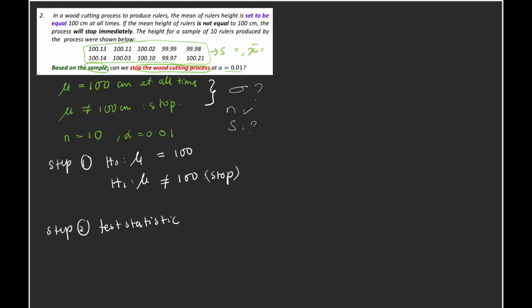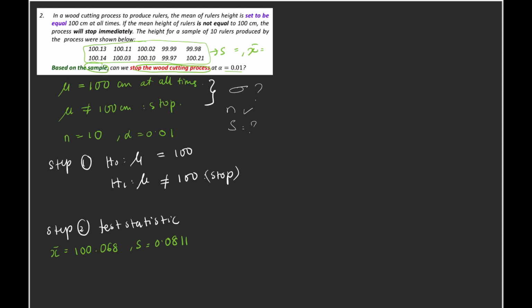So the X bar is equal to 100.068 and the S is equal to 0.0811. I hope by now you know how to substitute the data into your calculator and come up with the mean and the standard deviation.